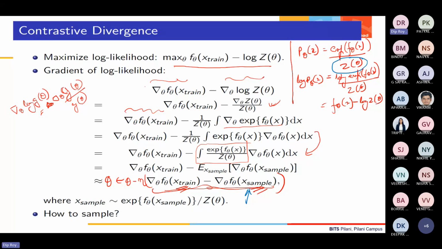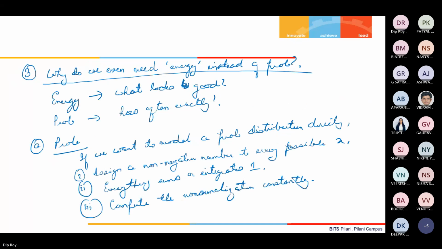You have your training data, your model, everything, you have found a way so that you don't have to calculate your Z theta and all those particular things. But now it is saying that you have to sample from your EBM. But how do you sample from an EBM? Now, how do we get around this? This is the thing that we are going to discuss now. Okay. All right.